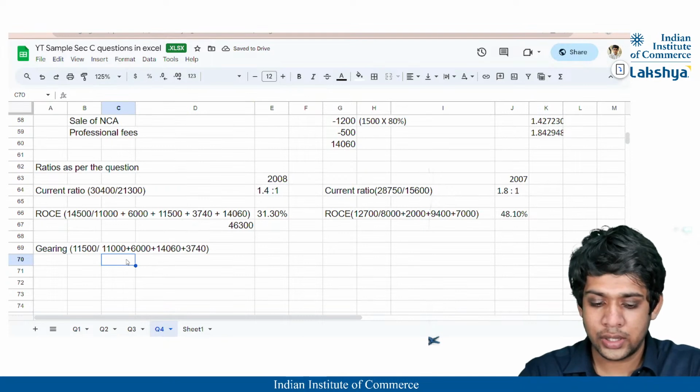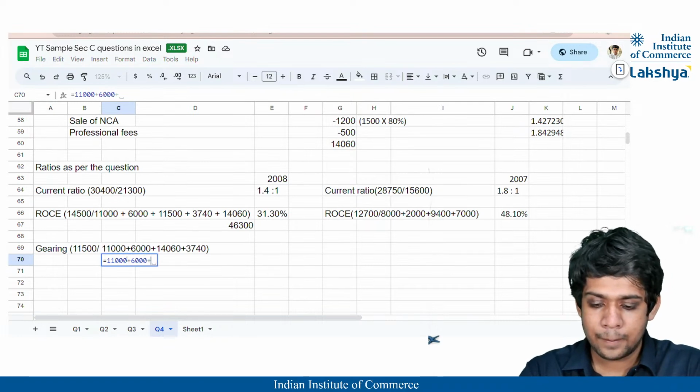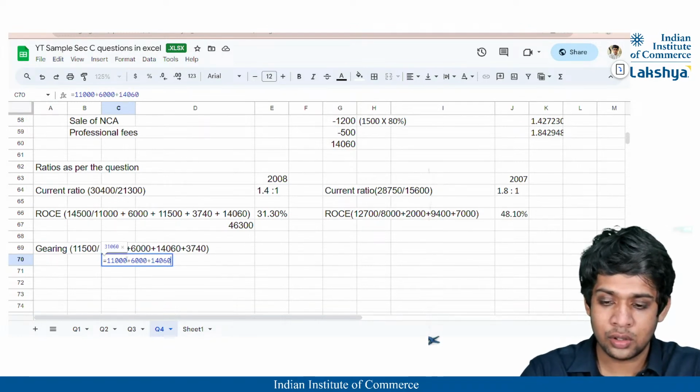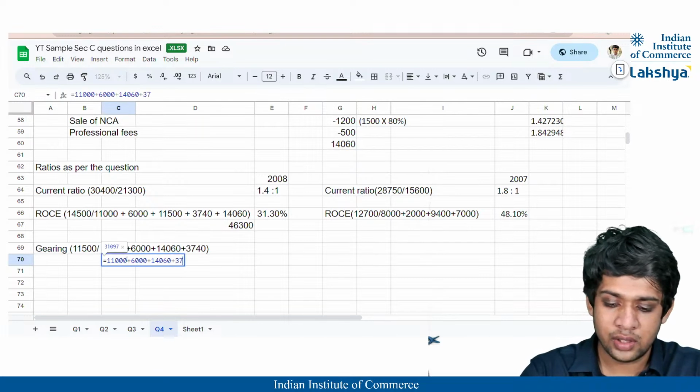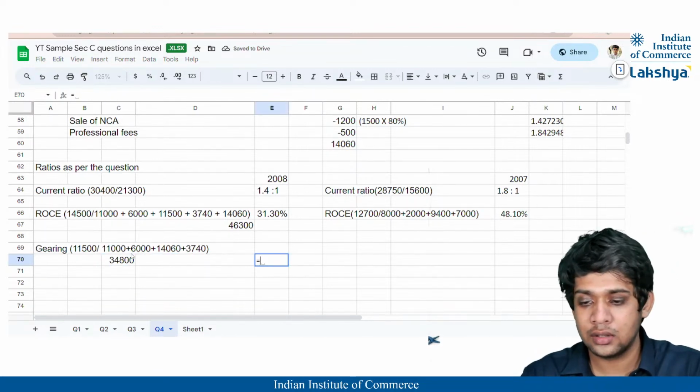तो इसका टोटल कितना होगा 11,000 प्लस 6,000 प्लस 14,060 प्लस 3,740, right? That is 34,800.